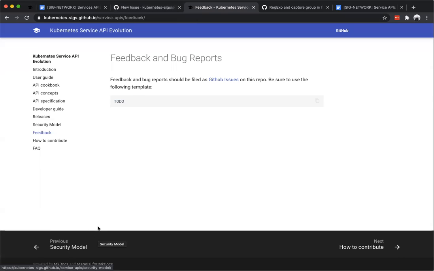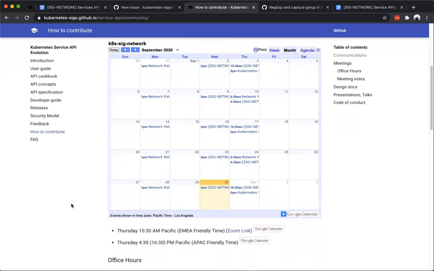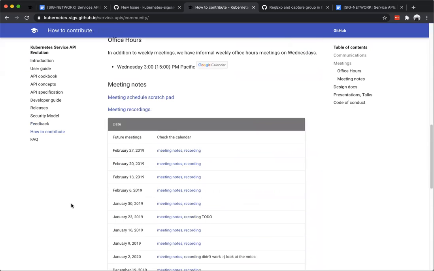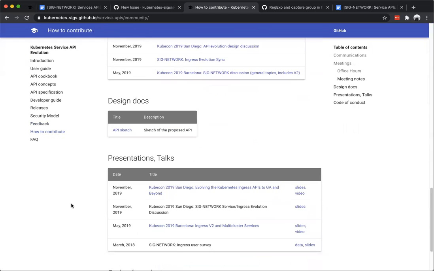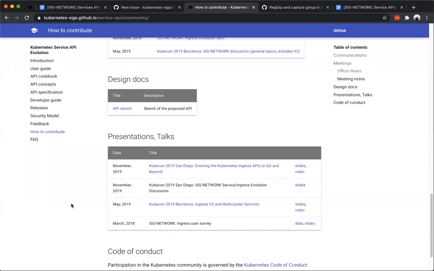If we leave feedback as is, it's going to be a page that has very minimal content. If we now click on how to contribute, do you mind clicking there really quick? Let's see what we have there. Maybe we should take that feedback and put it as a section on how to contribute. I don't know what people think about that.